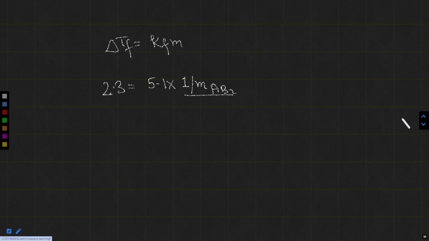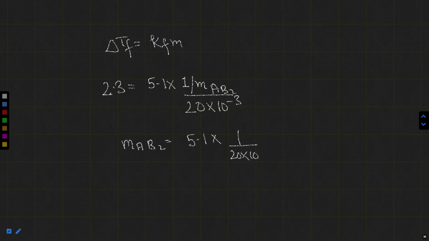It is 20 grams of benzene, and we know that the mass should be in kg in case of molality. So 20 into 10 to the power minus 3. So from here, we can calculate our M AB2. It would be 5.1 multiplied by 1 by 20 into 10 to the power minus 3, again multiplied by 1 by 2.3.